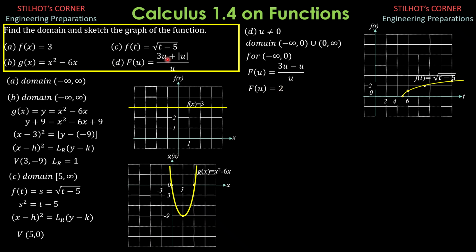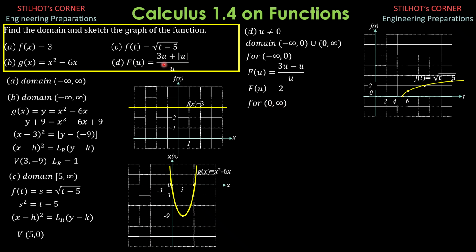When u is negative 3, for example, this becomes negative 9, and the absolute value of negative 3 is positive 3. So negative 9 plus 3 is negative 6, divided by negative 3 is positive 2. So that checks that f of u is equal to the constant 2 for negative infinity to 0. Now for 0 to positive infinity, the absolute value of u is simply u because it is positive in this interval.